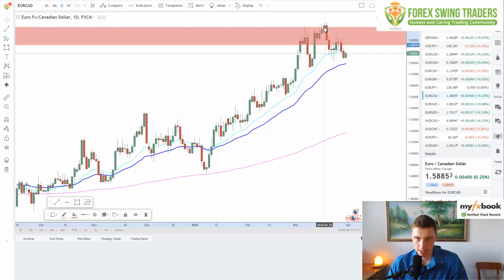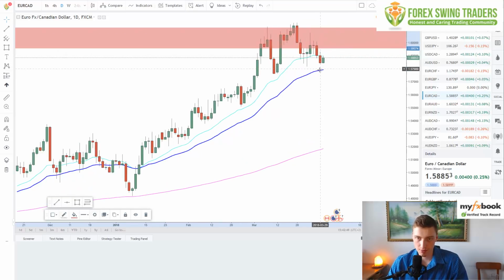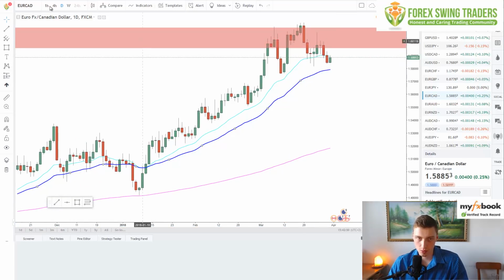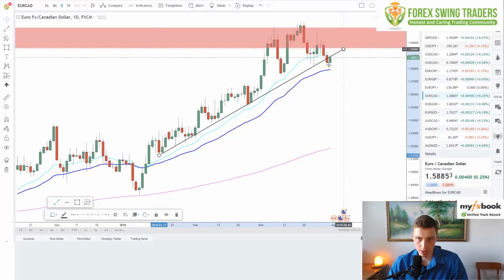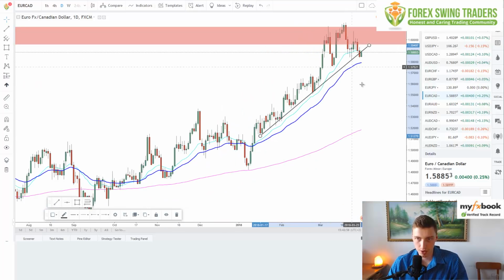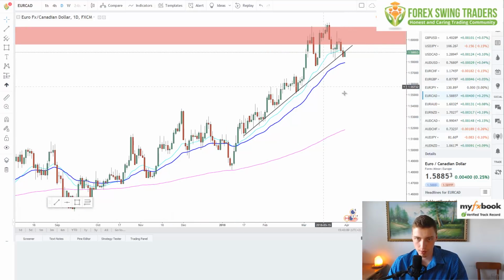This impulse became weaker and couldn't break this high, and now bearish price action is in front of us, and we'll see. I'm interested in a break of this trend line, right, and then selling below there, right? If we have to remember one pair from this video, it is EuroCAD, right?